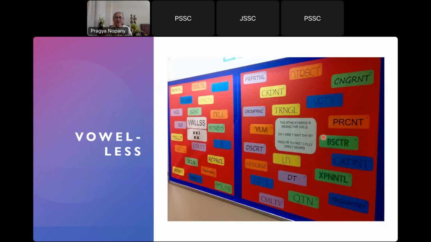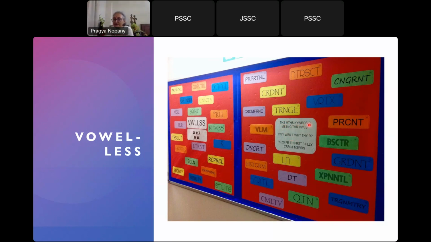Then vowelless. Now this is another amazing idea. See, the key words in mathematics have been taken and put here by removing the vowels. And then this is given as a quiz to the children. How? This is the direction.